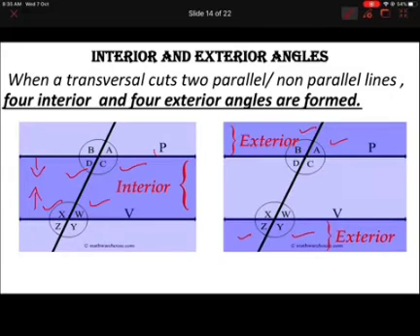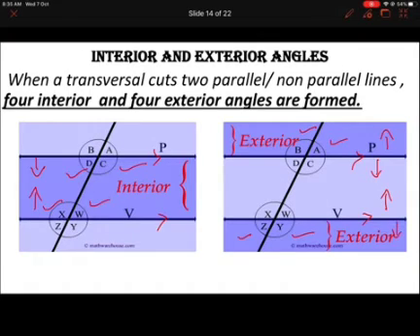Here in this case they are parallel lines. You can even show the arrows to depict that they are parallel lines. Otherwise we don't take it for granted. It will be mentioned in the problem or it will be shown in the figure. Okay, so between the lines is interior, outside the lines is exterior. I hope this is clear.